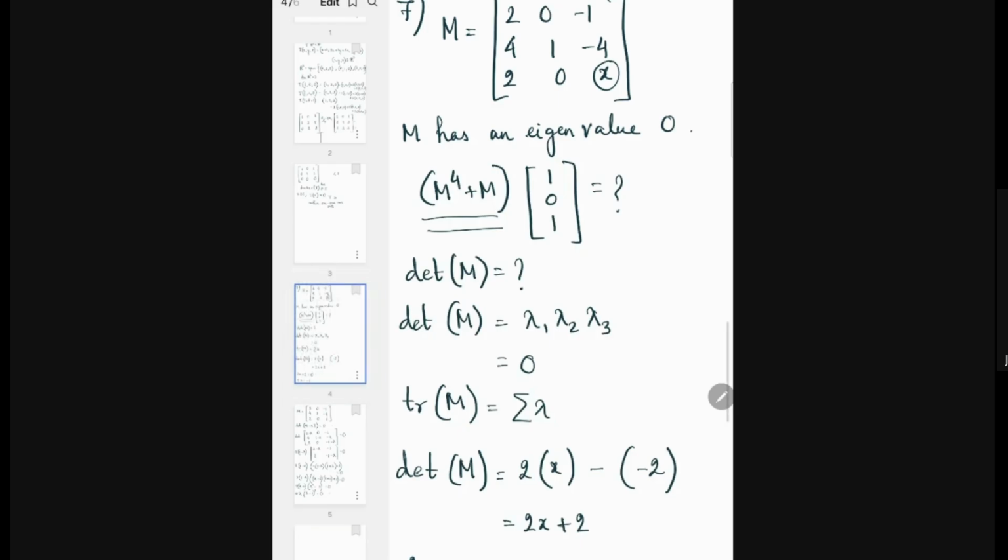So our given vector is 1, 0, 1. Now say V is the eigenvector corresponding to lambda. Then what is the corresponding eigenvalue of M to the power 5 or M to the power 4?